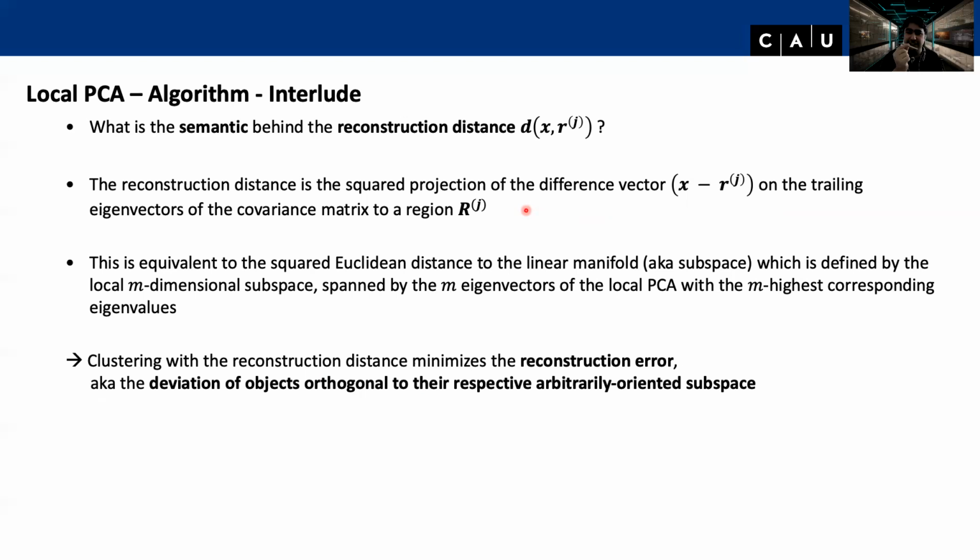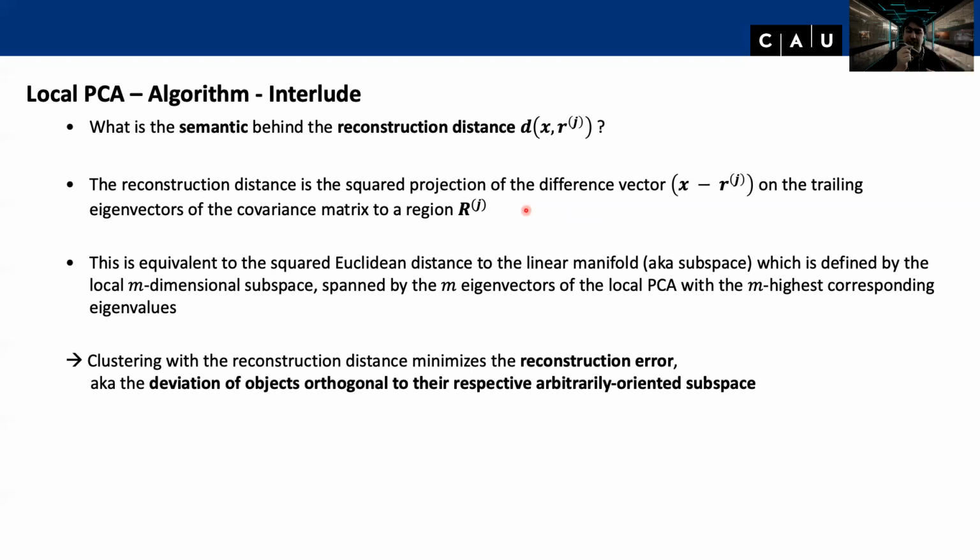Then this distance is not measuring the distance of the object to the centroid r_j, but it is computing the distance of the object orthogonal to that one-dimensional principal component, where the distance to the actual centroid is minimized.